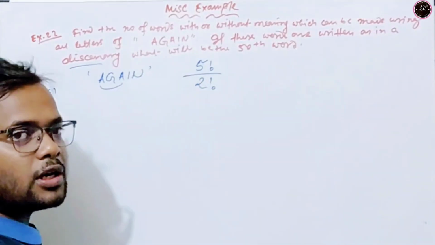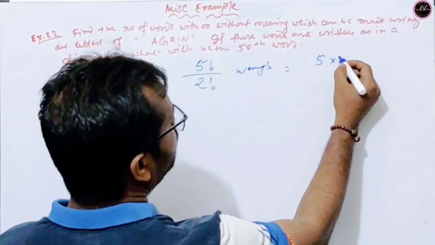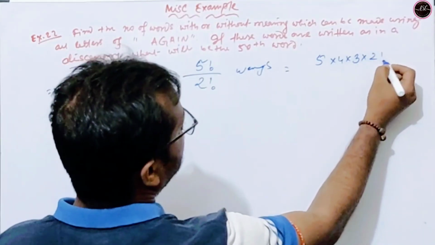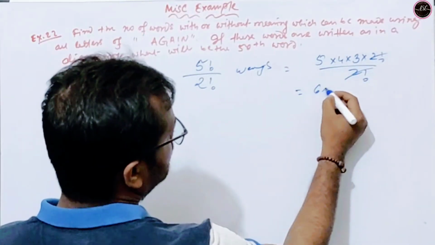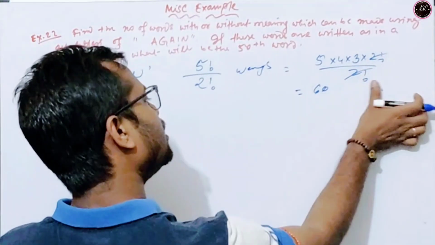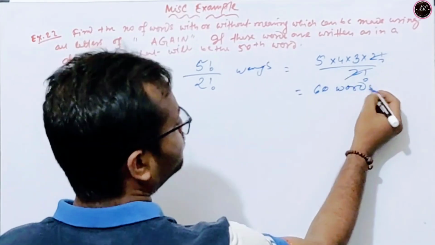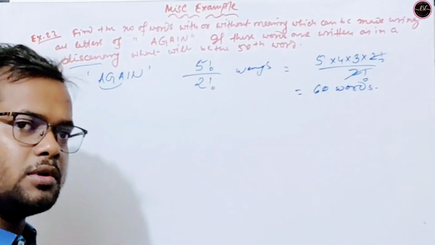So calculating this, we have 5 into 4 into 3 into 2 factorial divided by 2 factorial, and 2 factorial is cancelled out. So there are 60 words we can make from these letters.